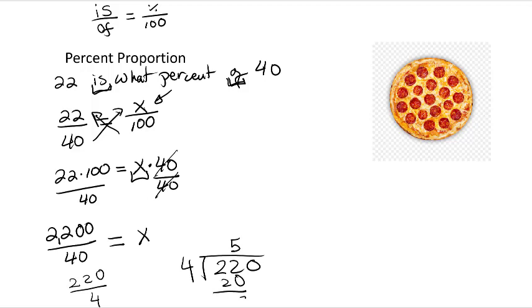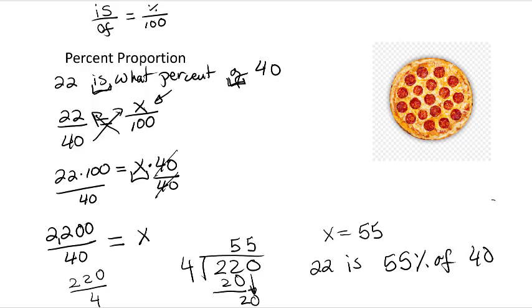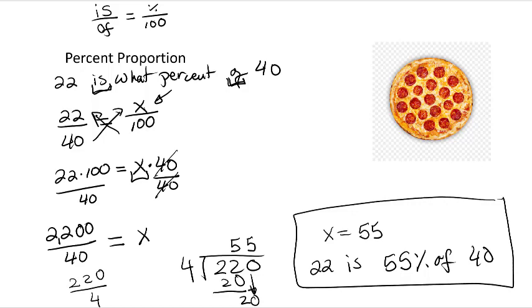We have 2 left over, 2 remainder. We bring down our 0. We have 20 divided by 4, that's just 5 again. So our x equals 55, which basically means that 22 is 55% of 40. And that is the answer.